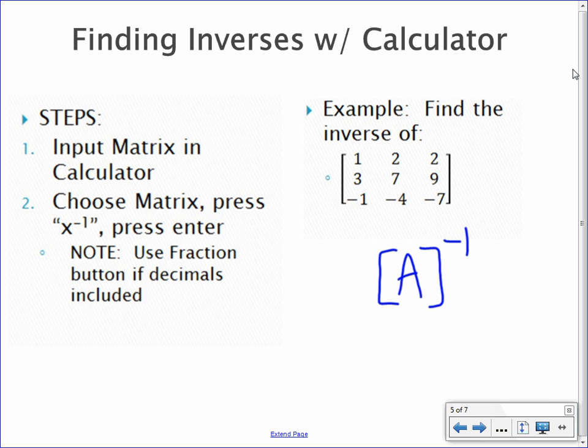I chose it and pushed this. Do you guys get it over here?